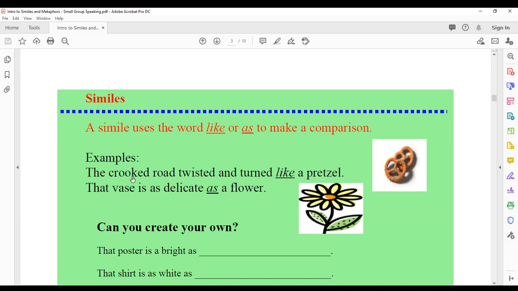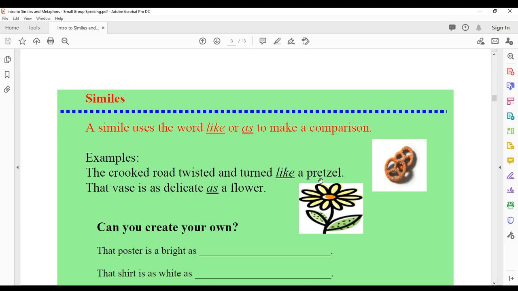This food is called a pretzel, and it is not straight, it is crooked. So in this sentence, the crooked road twisted and turned like a pretzel. Here we see the word like, and it's comparing two things, a road and a pretzel.